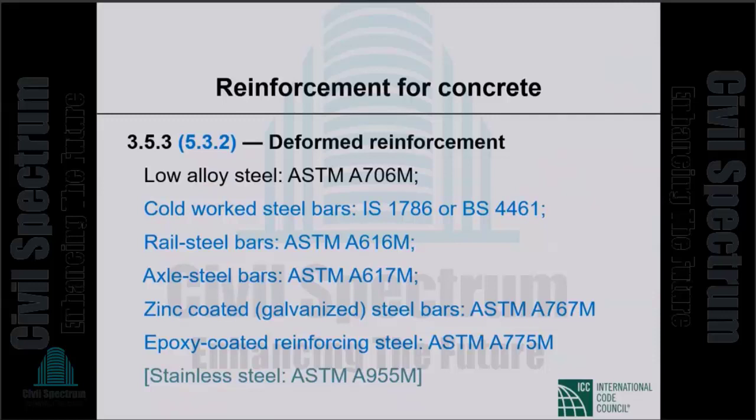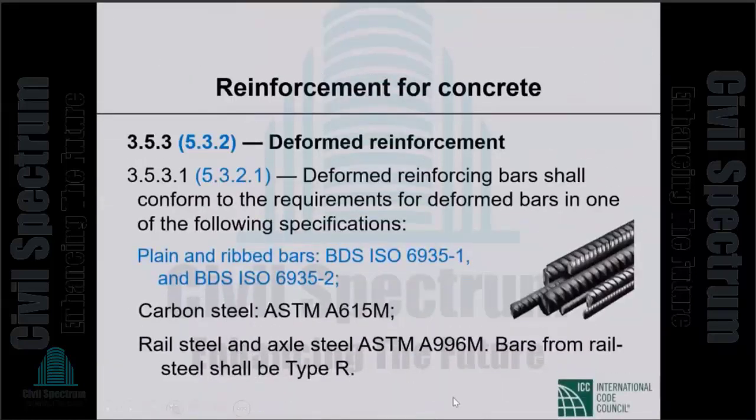BNBC 2020 also mentions a number of other items: IS 1786 cold worked steel bars, rail steel A616, axle steel A617. A616 and A617 have been combined into A996, so you are looking at the same American rail steel and axle steel.